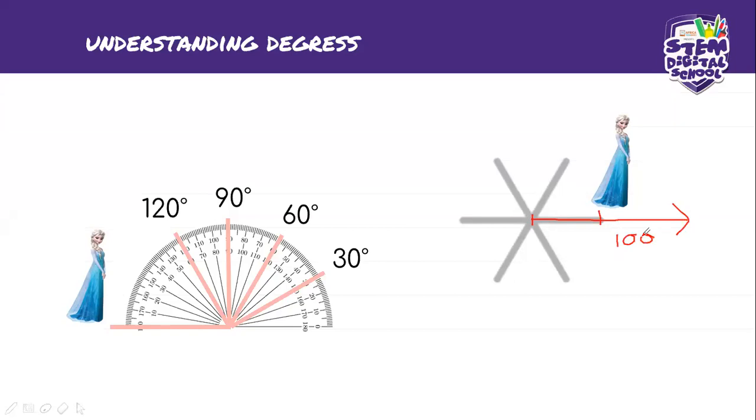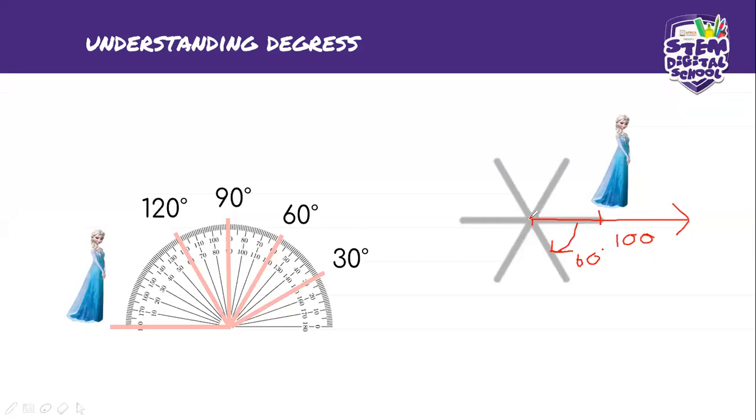If we look at this gap over here, this gap is 60 degrees. Okay, so she's going to move and turn, and then she's going to jump back to the middle. Move, turn, jump back to the middle.